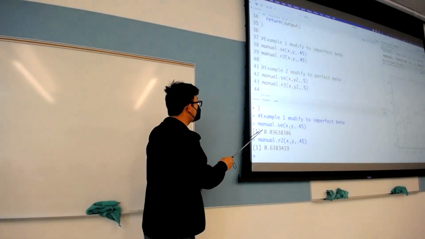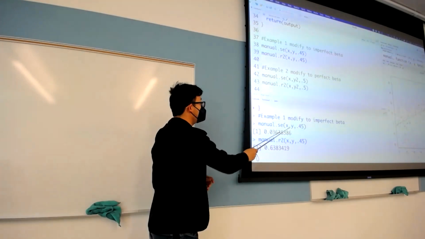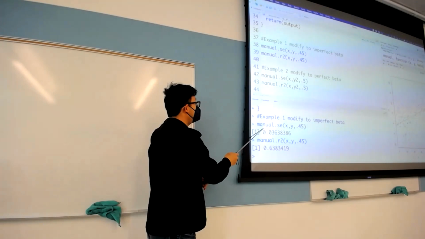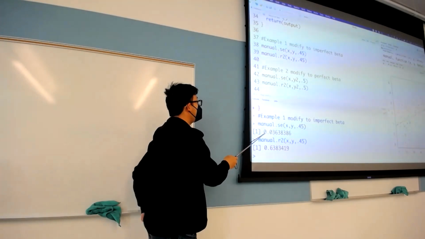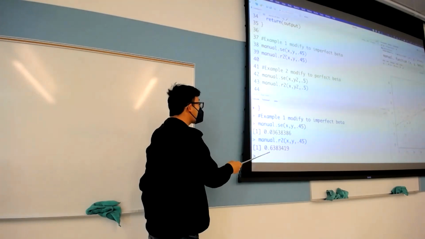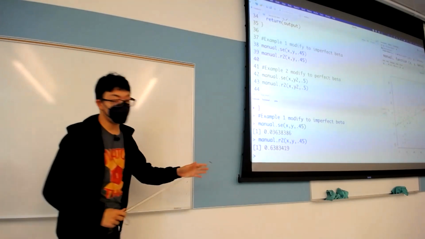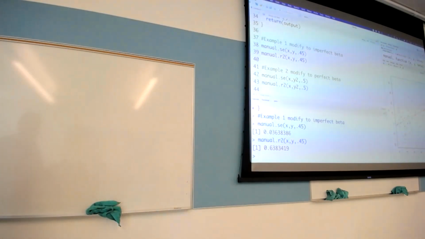in this case, for example 1, so that's x and y as opposed to y2, I have a standard error of 0.036 and an R squared value of 0.64. Okay, and that's using the incorrect beta value.